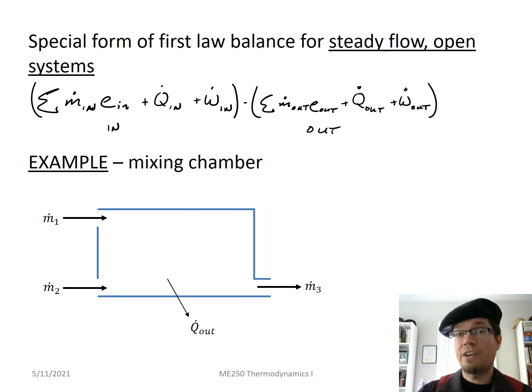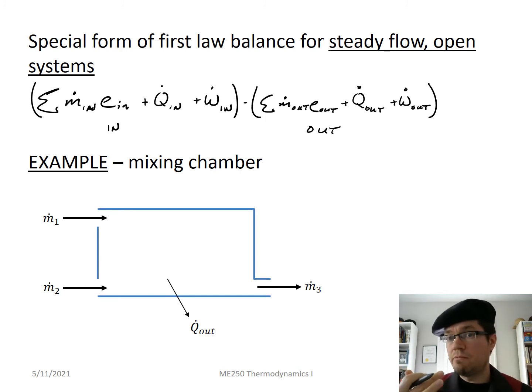And you'll also note that in all of these cases, I've got a dot over m dot, Q dot, and W dot. M dot is the mass flow rate in or out. Q dot is the rate of heat transfer in or out. W dot is the rate of work transfer in or out. All of those are going to be in the units of kilowatts or kilojoules per second.